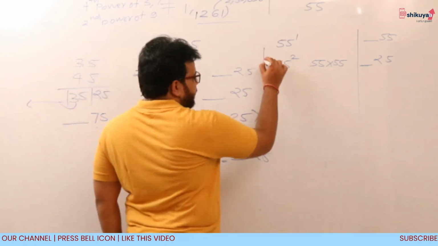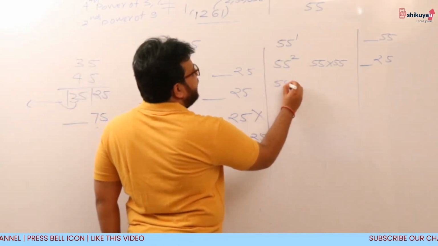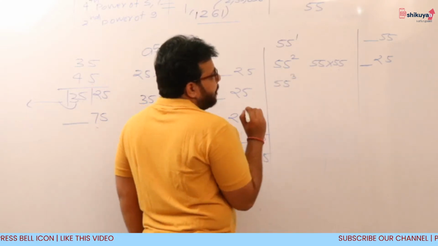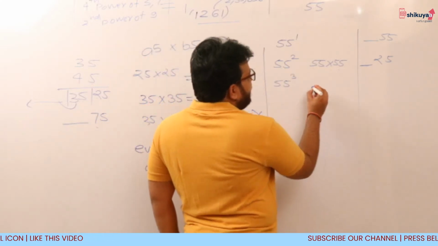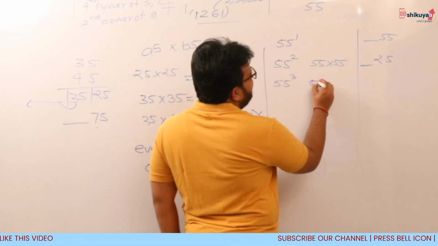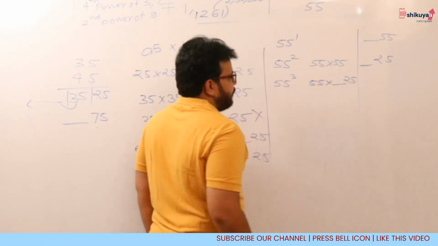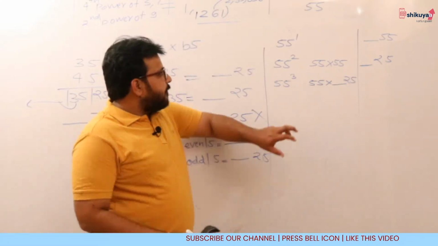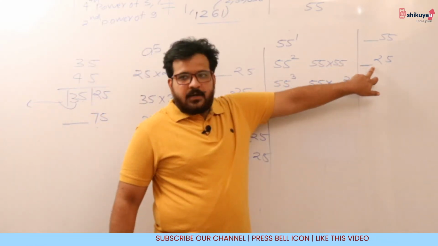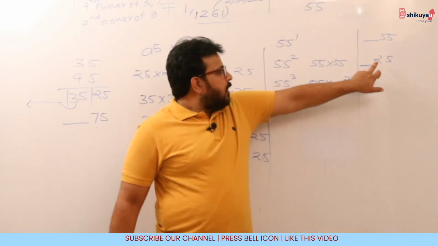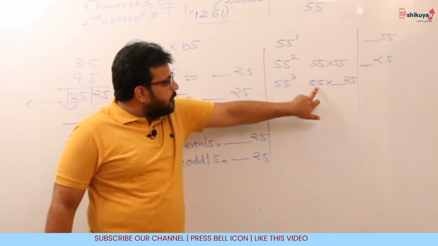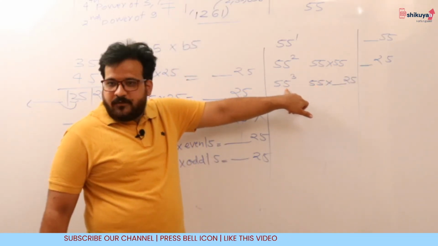Now let's go ahead. So 55 raised to 3. Finally, now you have 55 into another number which is ending in 25. Because 55 raised to 2 was a number ending in 25, you are again multiplying that number with 55 to find the cube of this number.